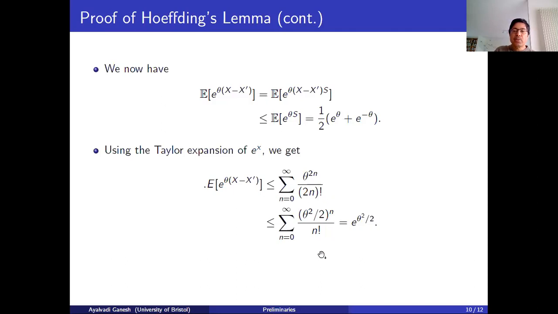And now this quantity here, this sum over n, is just the Taylor expansion of e to the theta squared over 2. Okay, so we've proved that the expectation of e to the theta (x minus x prime) is bounded above by e to the theta squared over 2.